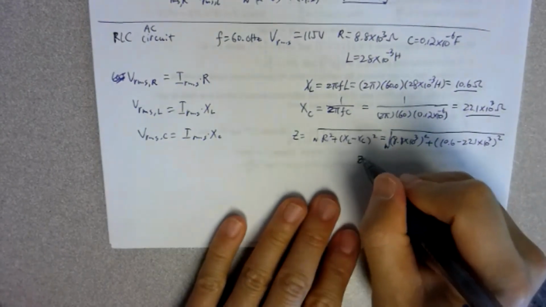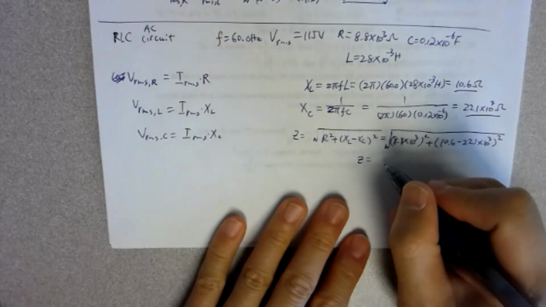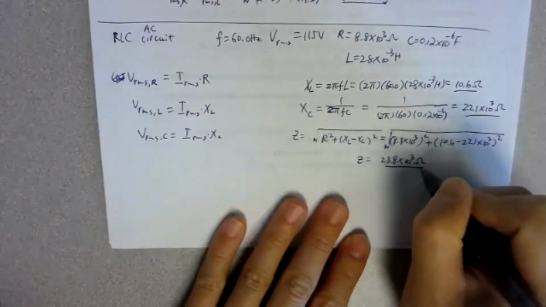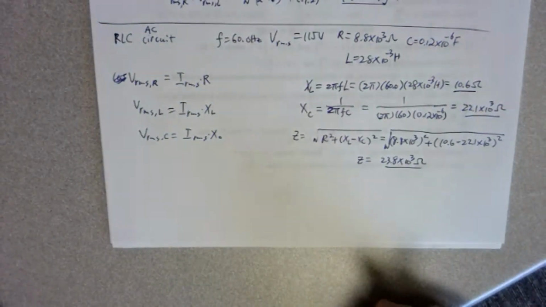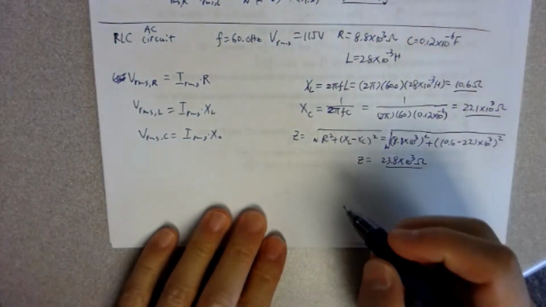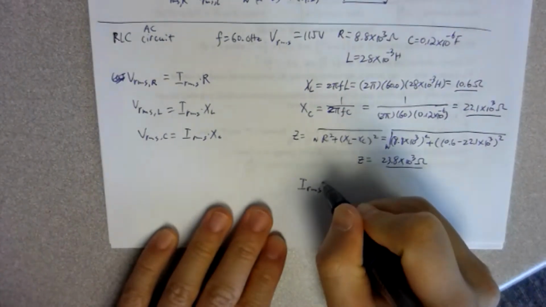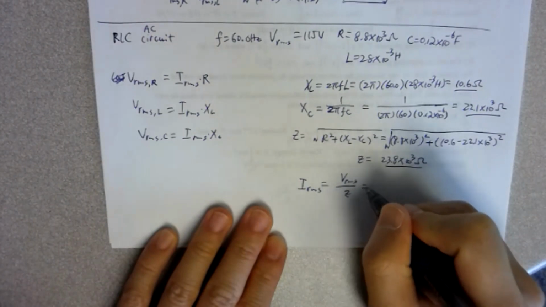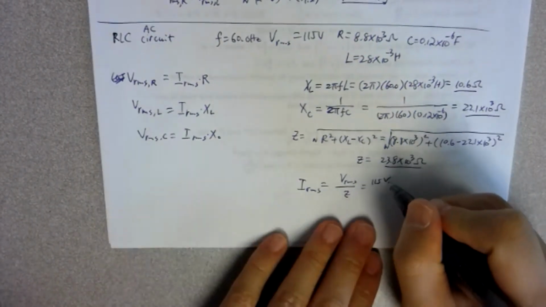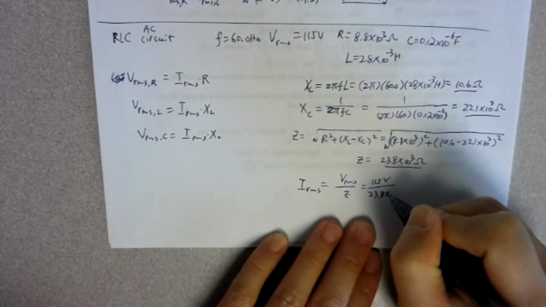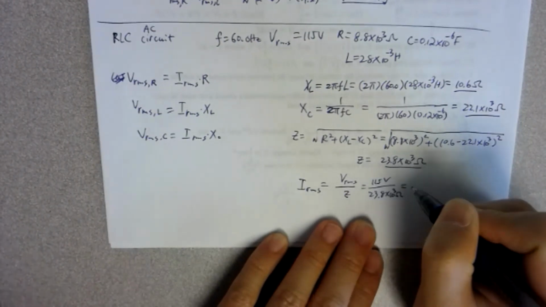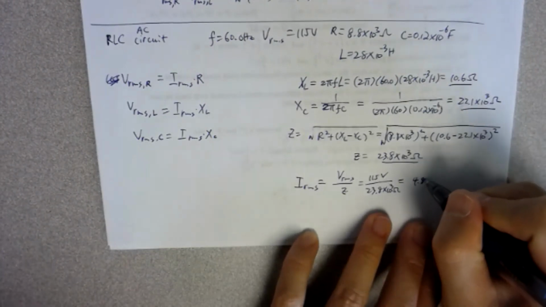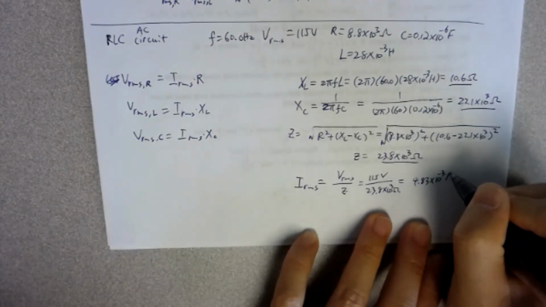So this Z is equal to 23.8 kilohms. And once we have that, we can calculate IRMS, because IRMS will be just equal to VRMS over Z. Okay, 115 volts divided by 23.8 times 10 to the third ohms. So that gives you 4.83 times 10 to the minus 3 amps.